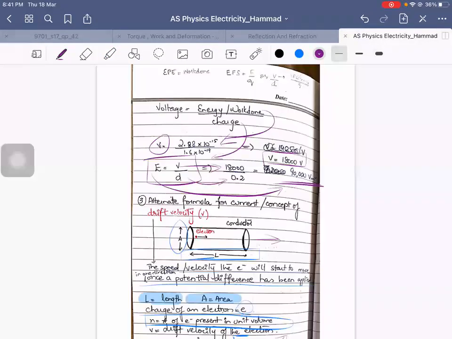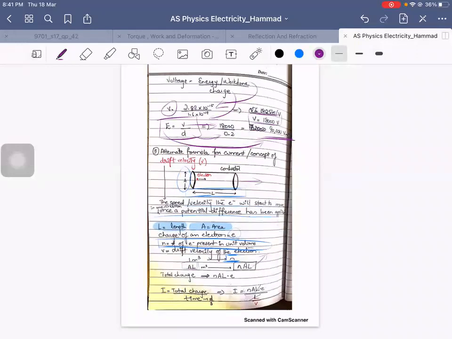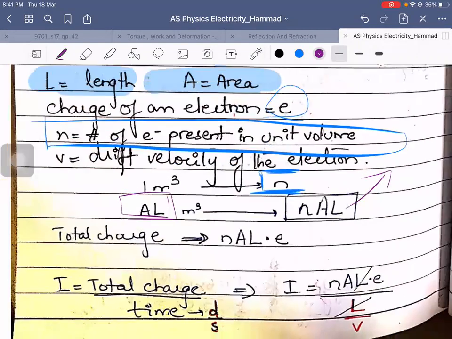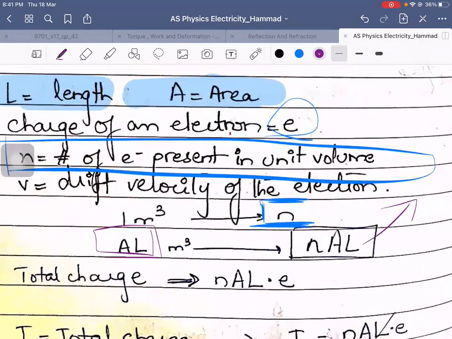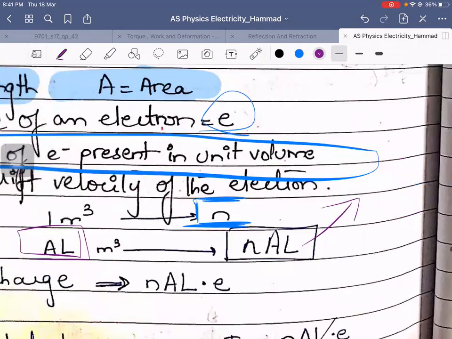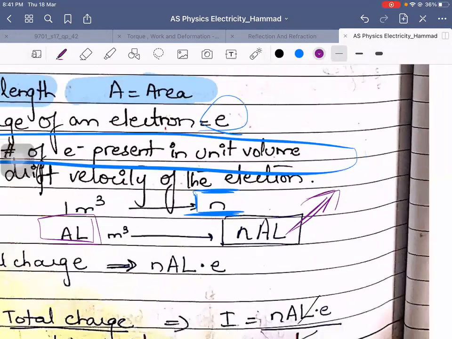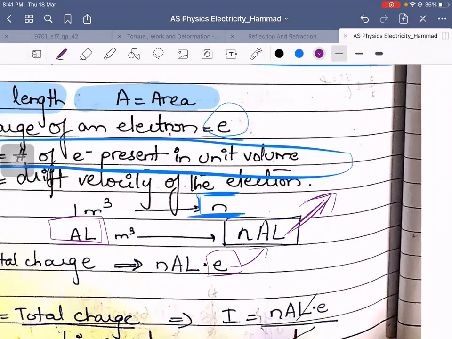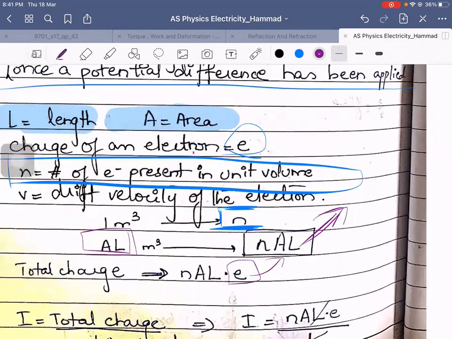Okay, so if I were to calculate the total charge, now this is a quantity, a certain number of electrons per unit volume present. If one electron has a charge of E and that is multiplied by this quantity, I could get the total charge value.